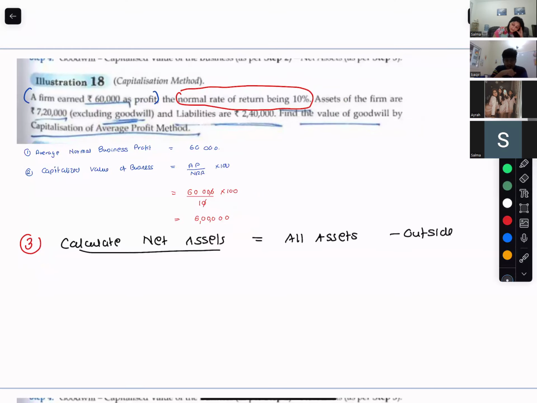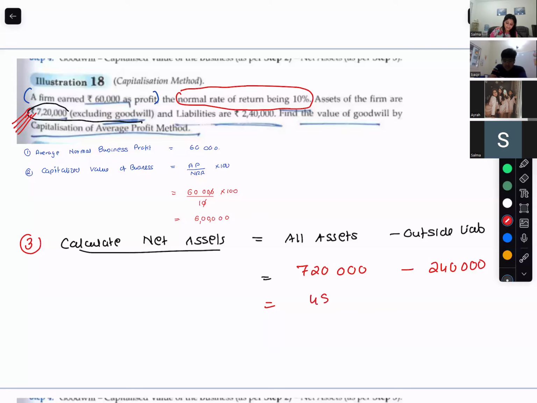At current value, and excluding what? Goodwill, fictitious assets, and non-trade investments. So all your assets excluding the goodwill is how much? 720,000. And outside liabilities is 240,000. So your net assets is 720,000 minus 240,000, which is 480,000.